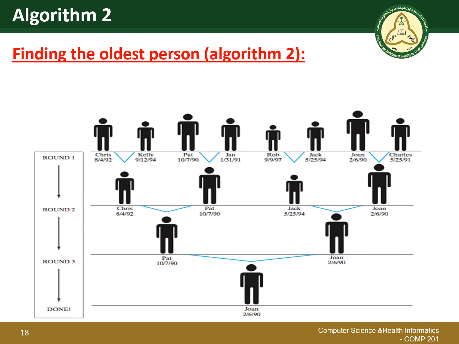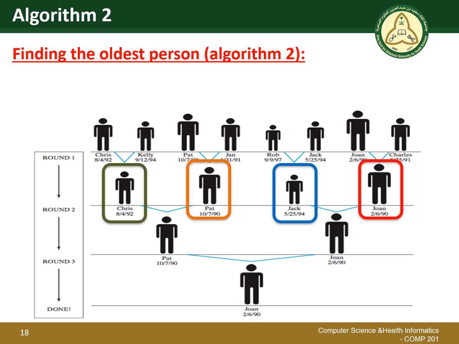Algorithm 2, on the same data set, we have group of 8 people. زي ما قلنا في البداية line up and pair up people. عندي 8 هيصيروا أزواج، كل اثنين مع بعض هيكون عندي 4 أزواج. كل زوج هيقارن نفسه مع بعض، الكبير يبقى والصغير يطلع. إذا simultaneously هتصير comparison between them، وحيبقى لي 4 أشخاص، هيبقى عندي زوجين. إذا كريس and كيلي من راوند 1 هقارن، هيبقى كريس حتطلع كيلي مثلا. بات and جان هيبقى معايا بات هيطلع جان and so on.